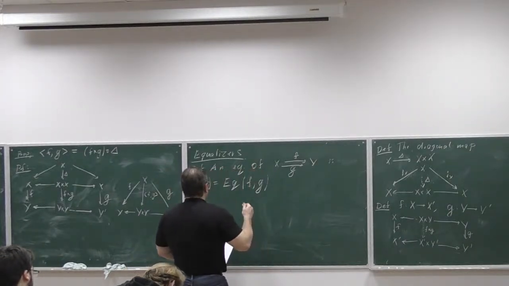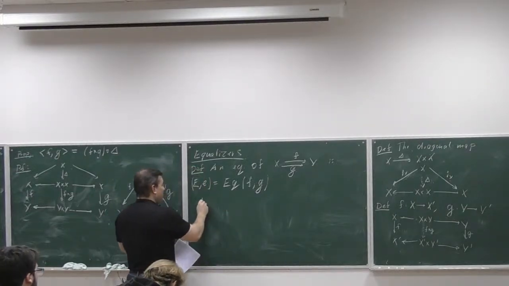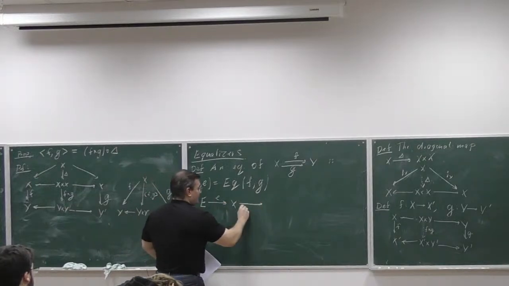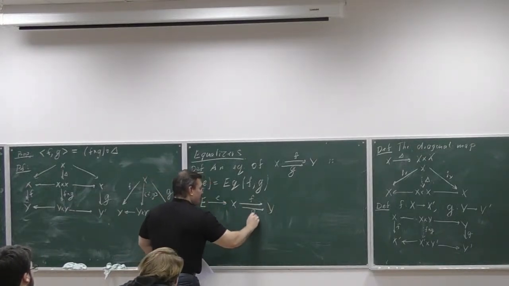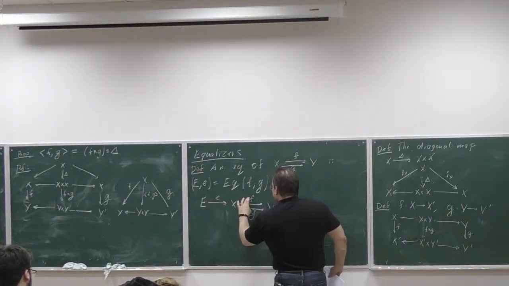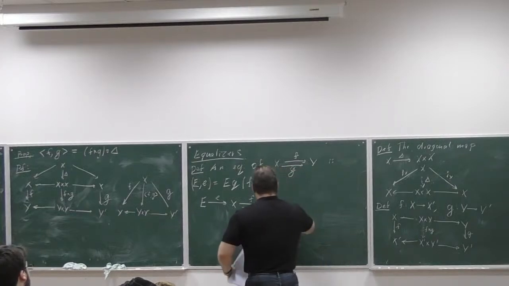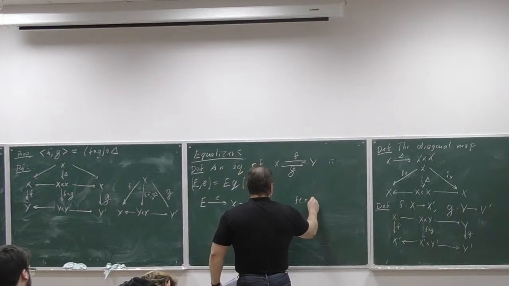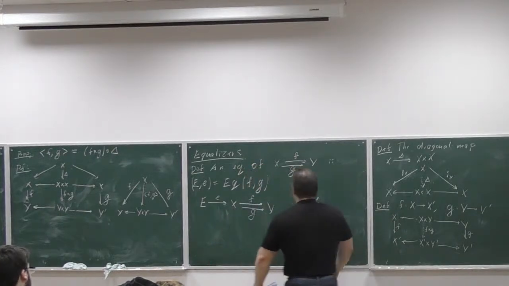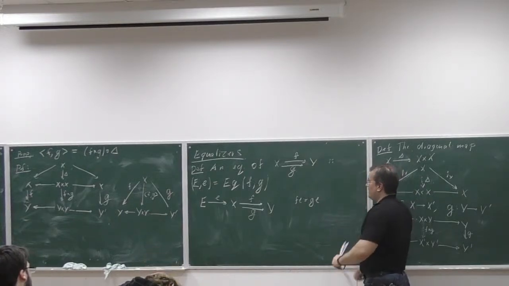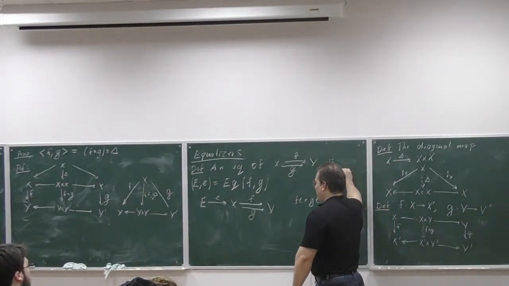So what's the definition? So here the projection is a map to the X such that this map E kind of equalizes F and G. In formulas, it means that if I take F composed with E, I get the same as G composed with E. Of course, we need to formulate a universal property in this case.